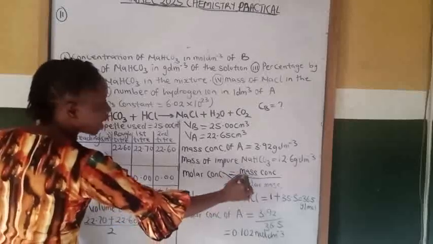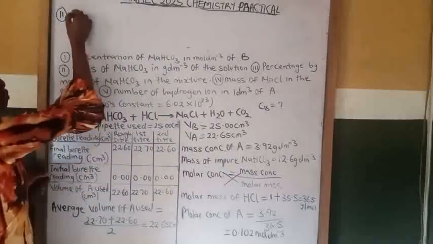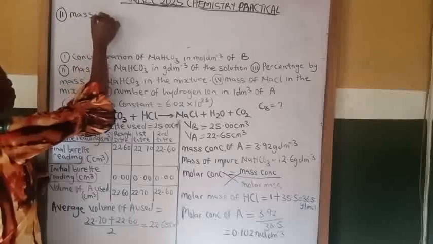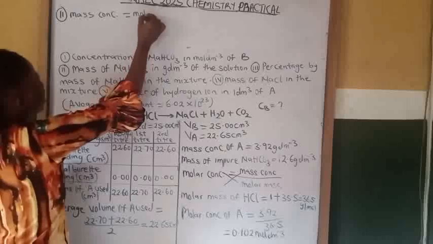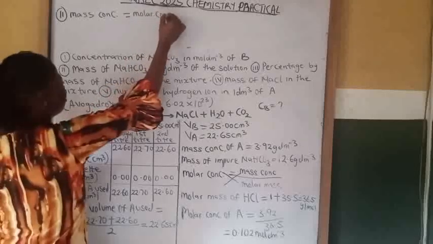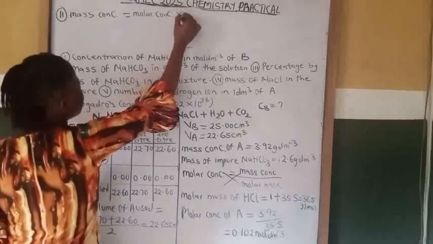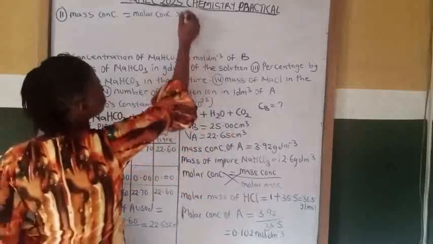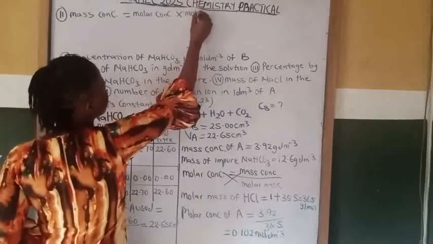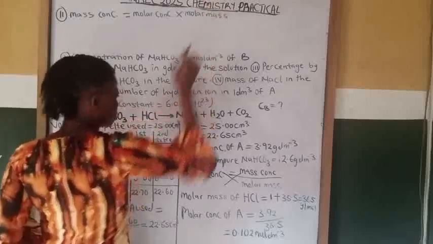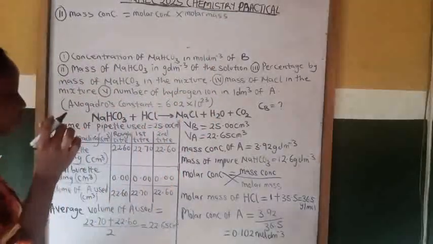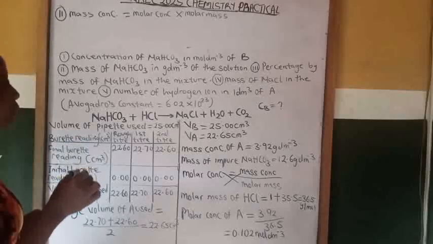When you cross multiply, mass concentration is equal to your molar concentration times your molar mass.